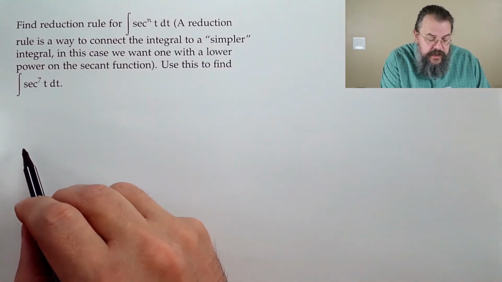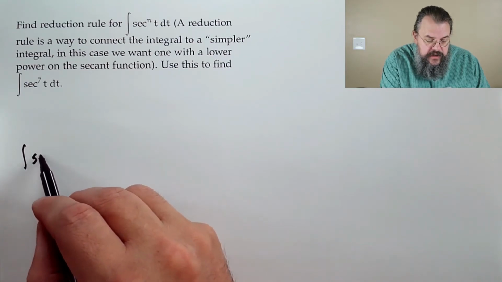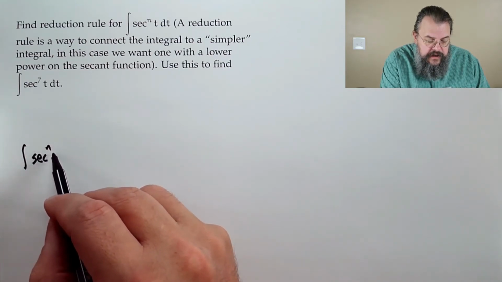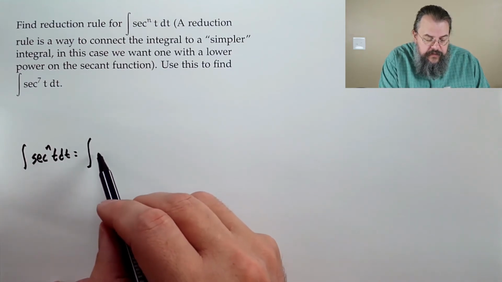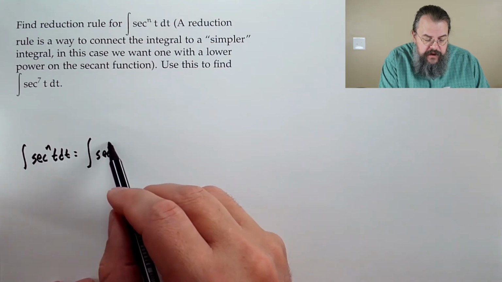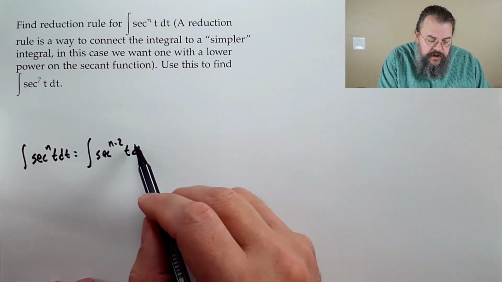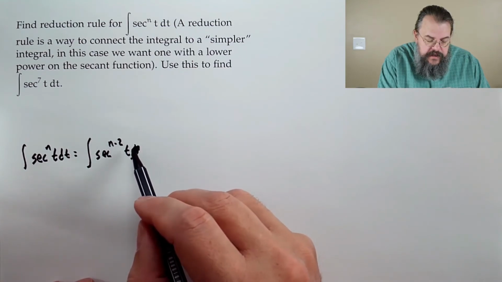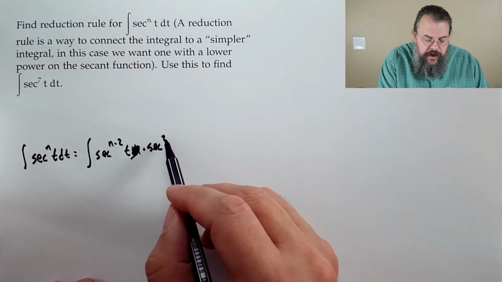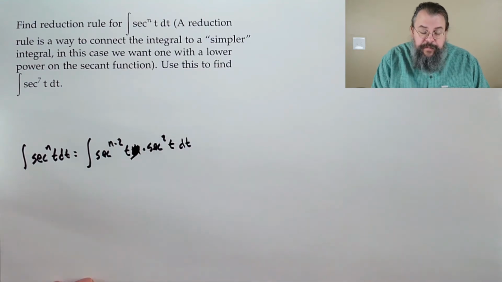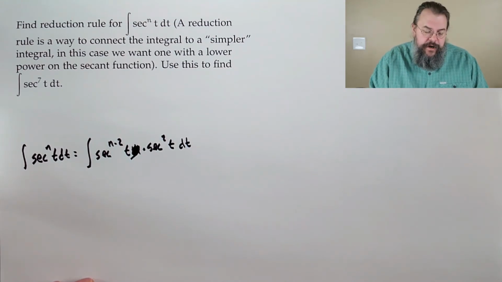So we're going to say our integral of secant to the n, t dt, is the same as the integral of secant to the power n minus 2 t, times a secant squared t. Got ahead of myself. I was going to put down dt, but we forgot, needed the secant squared.